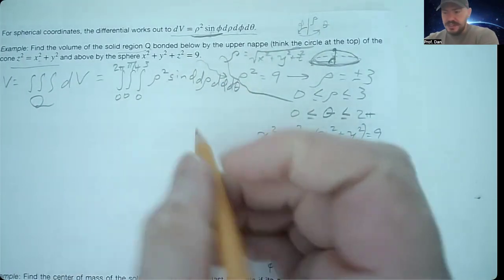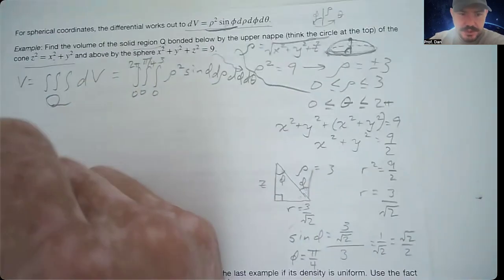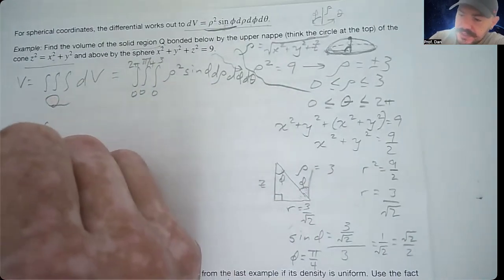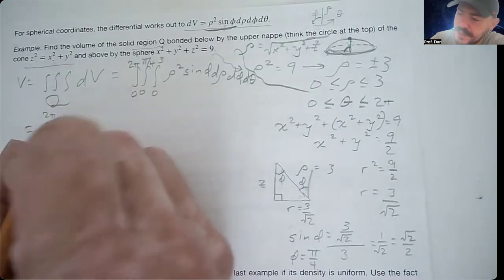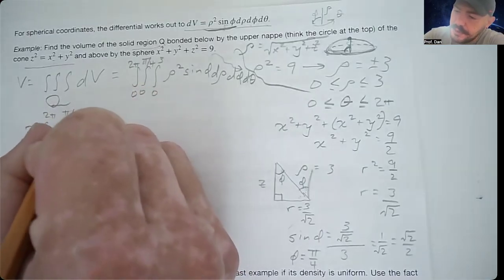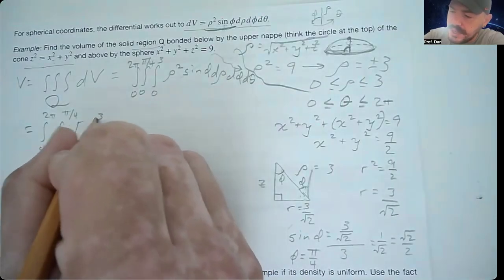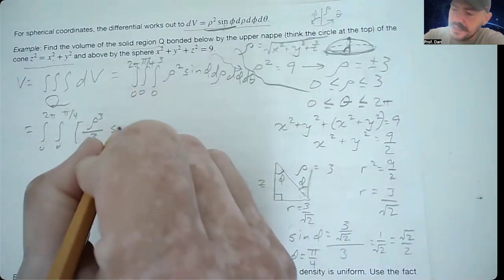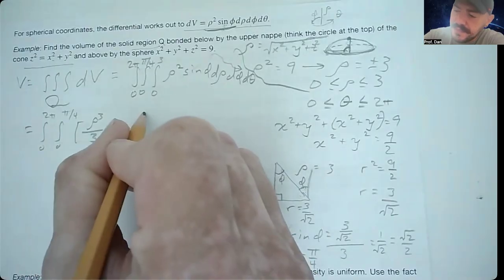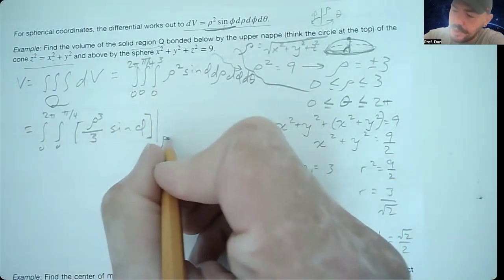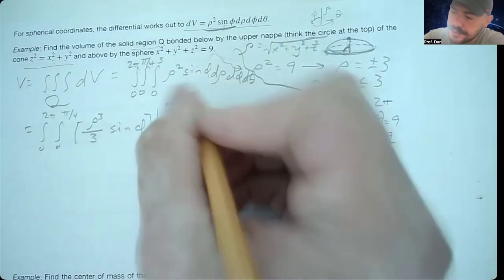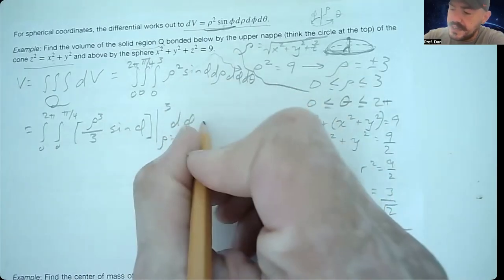So at this point, integrating that would be relatively straightforward. We get integral from 0 to 2 pi, integral from 0 to pi over 4. Just to remind you, this will become rho cubed over 3 sine of phi, and we would evaluate from rho equals 0 to rho equals 3, d phi d theta.